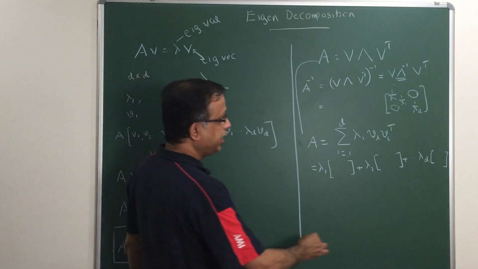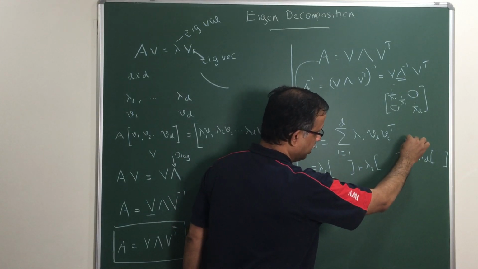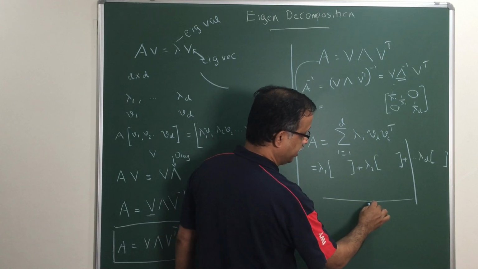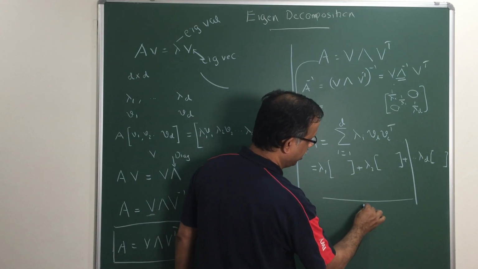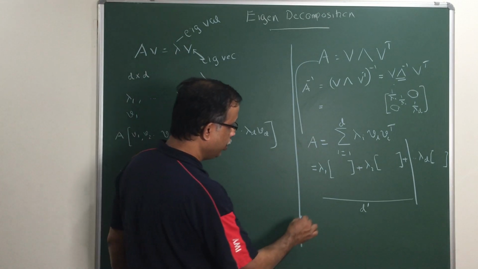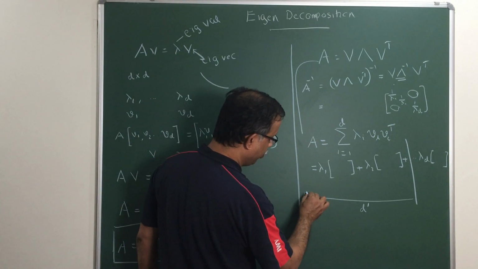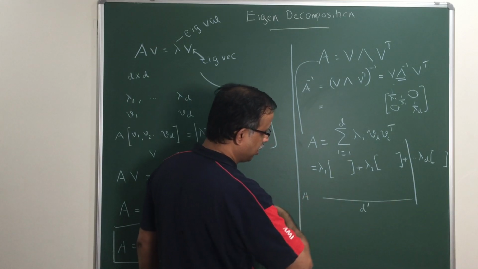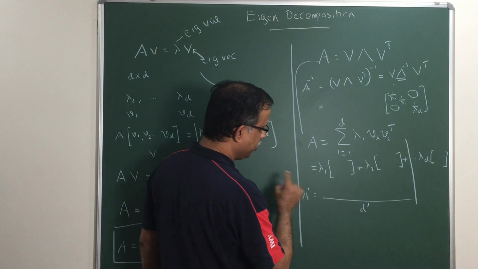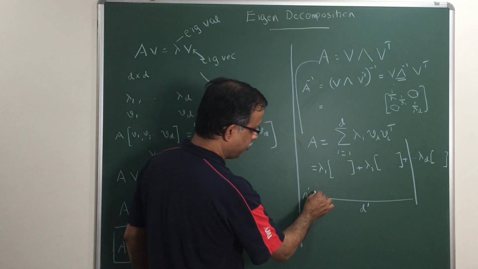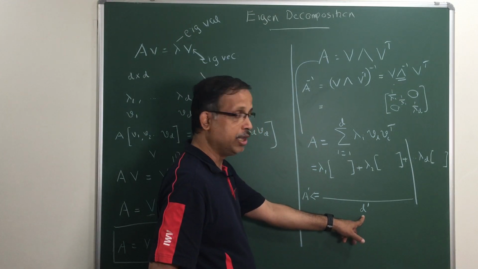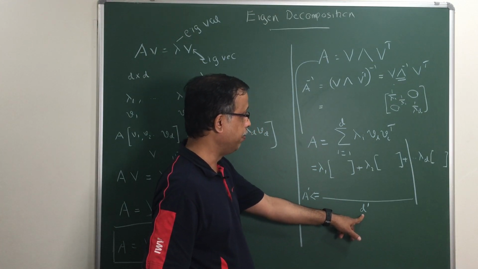So if you truncate this summation somewhere, taking only say D prime terms, then what we are going to get is a new A matrix. If you compute the sum and get a new A prime, this A prime is a D prime dimensional, say rank matrix.